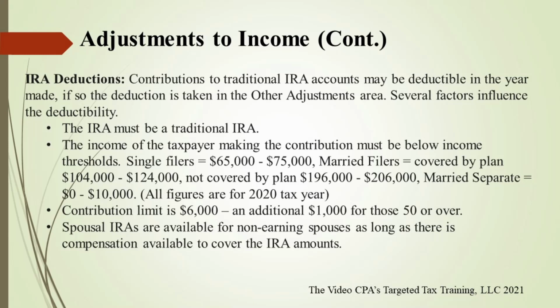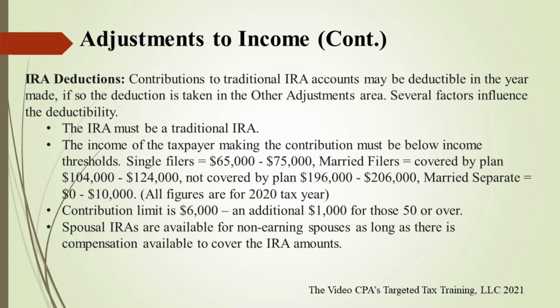So you can see here, single filers, the range is $65,000 to $75,000. It's got a phase-out range there. Married filers, $104,000 to $124,000. And these amounts are for 2020. And then if you're not covered by a plan, you can go all the way up to $196,000 to $206,000 for married filers.